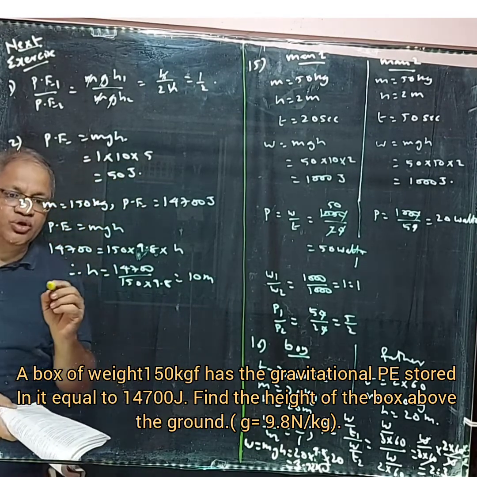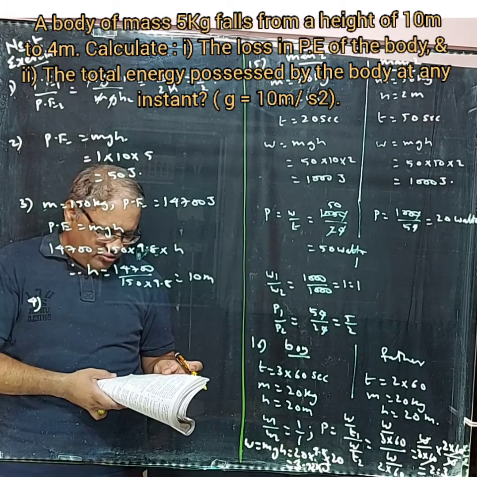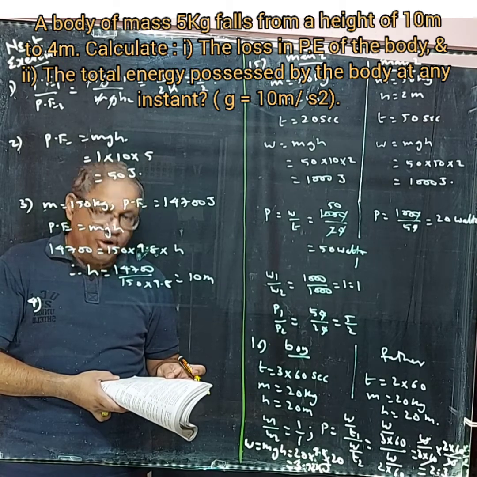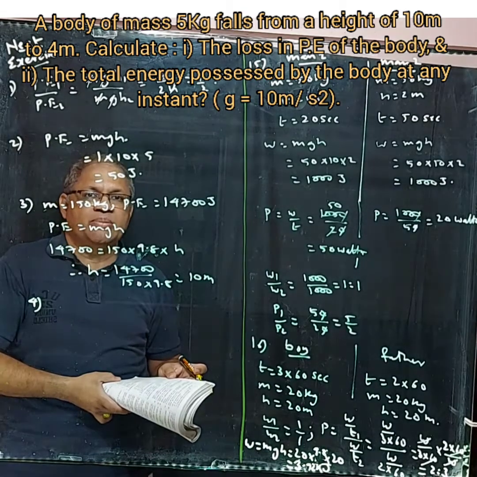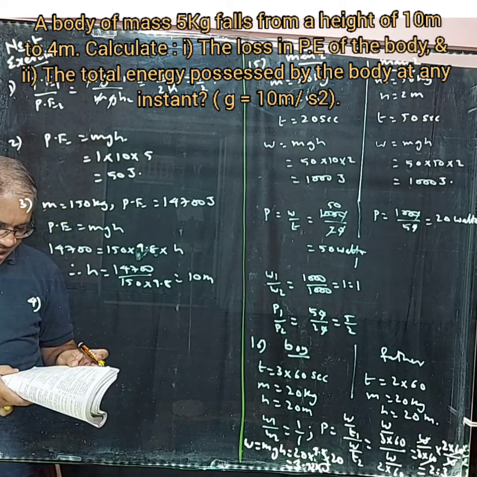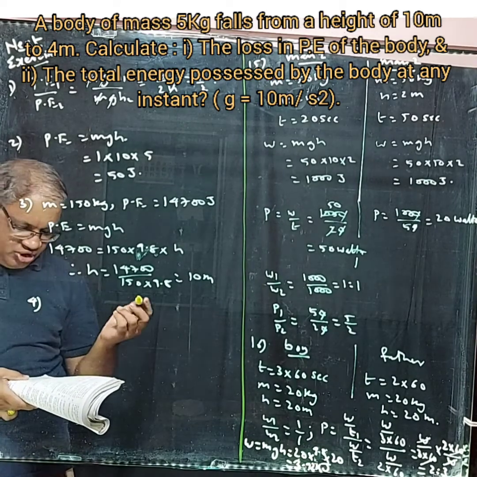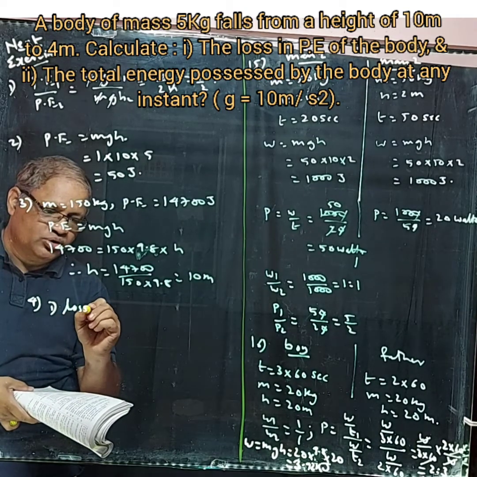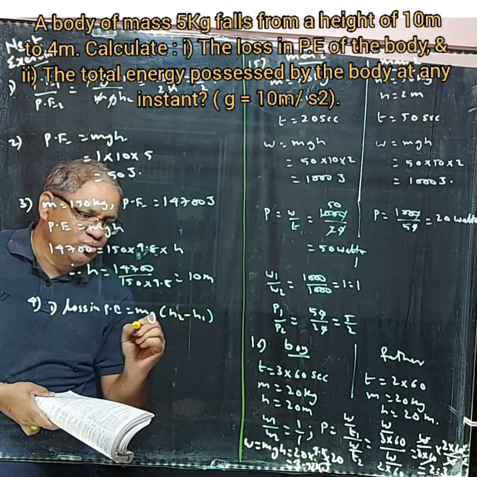Now fourth sum. A body of mass 5 kg falls from a height of 10 meter to 4 meter. Calculate loss of potential energy of the body, and then total energy possessed by the body at any instant. Gravity is given as 10 meter per second square. Here two heights are given and potential energy is mgh. They are asking loss in potential energy, so loss in potential energy is equal to mg(h2 minus h1).